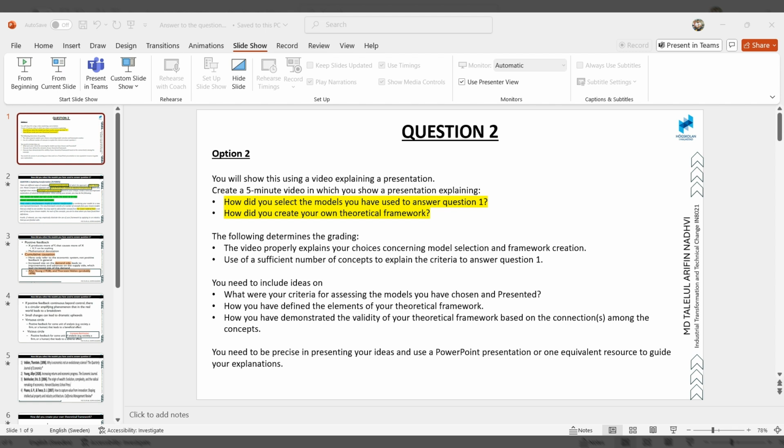Now, the second part of the question was how I created my theoretical framework. To make my conceptual theoretical framework, I have to understand the interrelationship between these four papers. There are some interrelationships among them, like dynamic capabilities and division of labor. Division of labor was also introduced by Adam Smith, but Allyn Young is the modern developer of this idea.